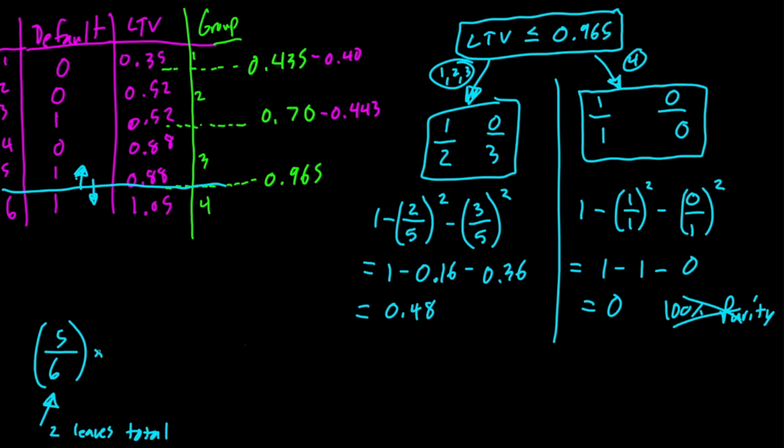Anyways, so that's the weight times 0.48, and then plus our right leaf is going to be 1 value. The leaf split we're considering, the total of these 2 leaves is 6, and we're going to times that by 0. So this will give you 0.40. So we'll put it right here, 0.40.